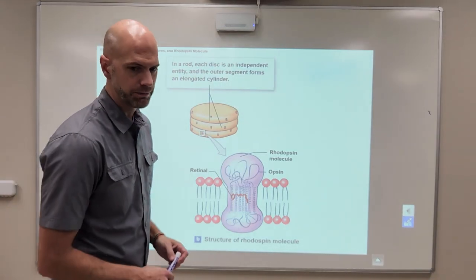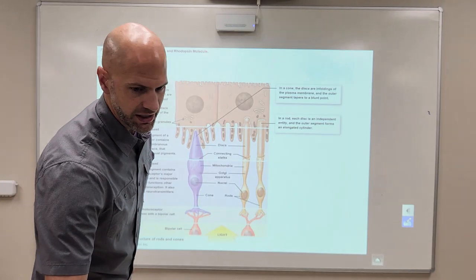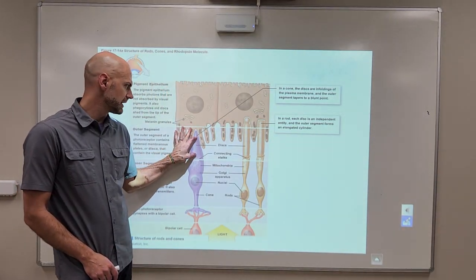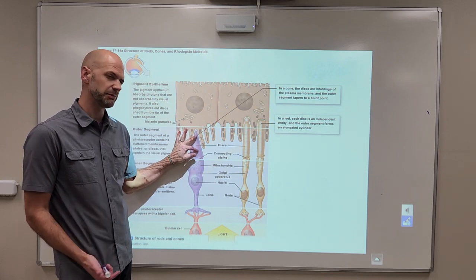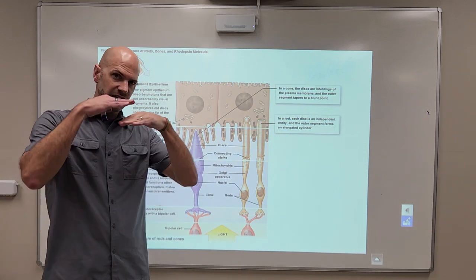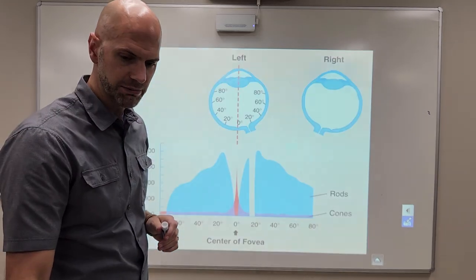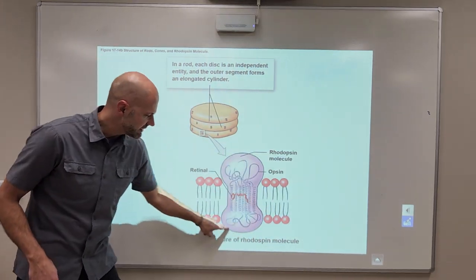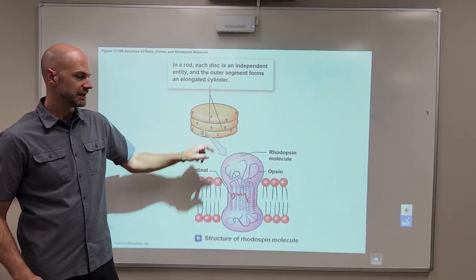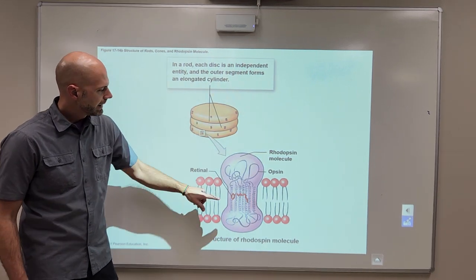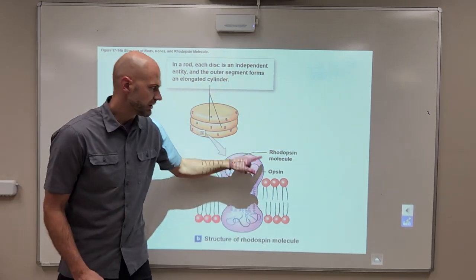All right, now, remember this location right here, these layers and layers of discs. These are discs of plasma membrane, essentially. If we zoom in on that part, we would see all these layers and there are proteins embedded. So here's the plasma membrane. Here's a protein that's embedded into these plasma membranes. This is a protein called rhodopsin.